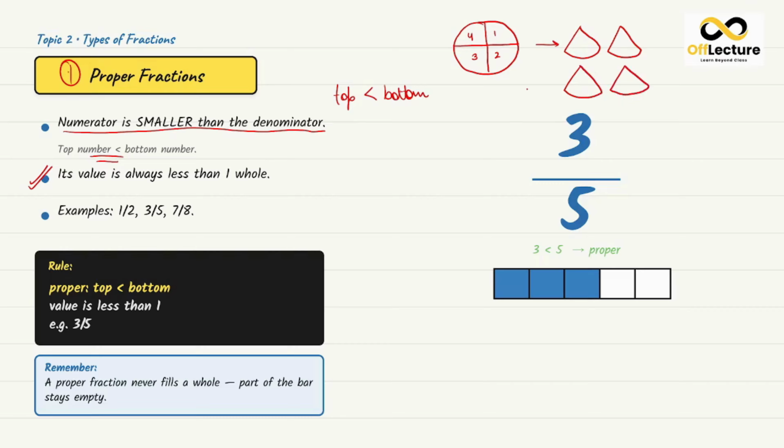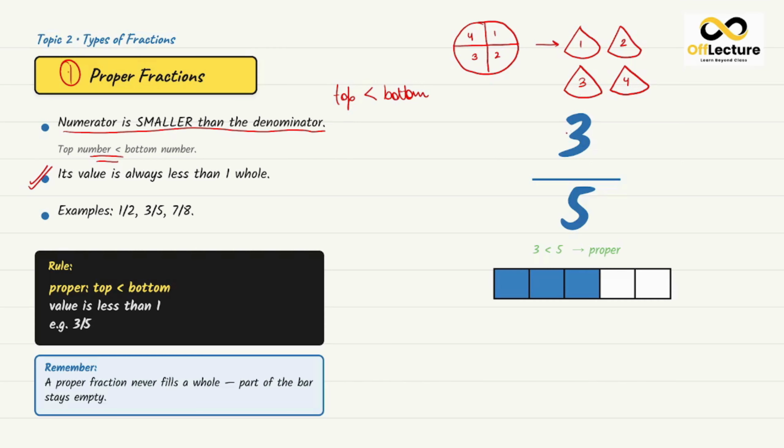Now, if we want to make it 1, it needs all the parts. It would need this also, this also, this also, this also. That is, if we want to make it a circle back, we need all its parts. With 3 parts only, we can't make a complete circle.